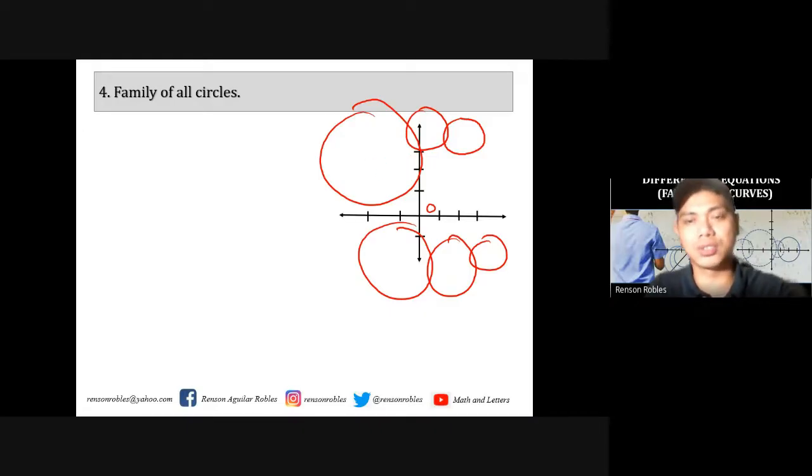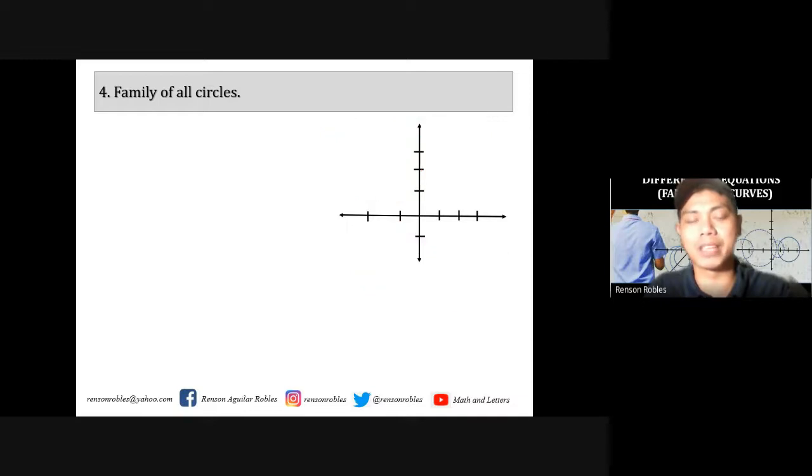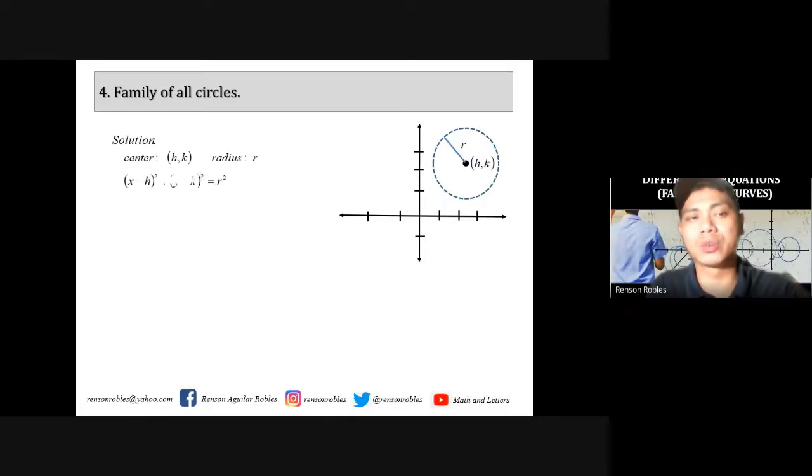Let's just choose one member of the family, then put the center (h, k) and the radius r. Since this is a circle with center (h, k) and radius r, we can use the center-radius form of a circle.